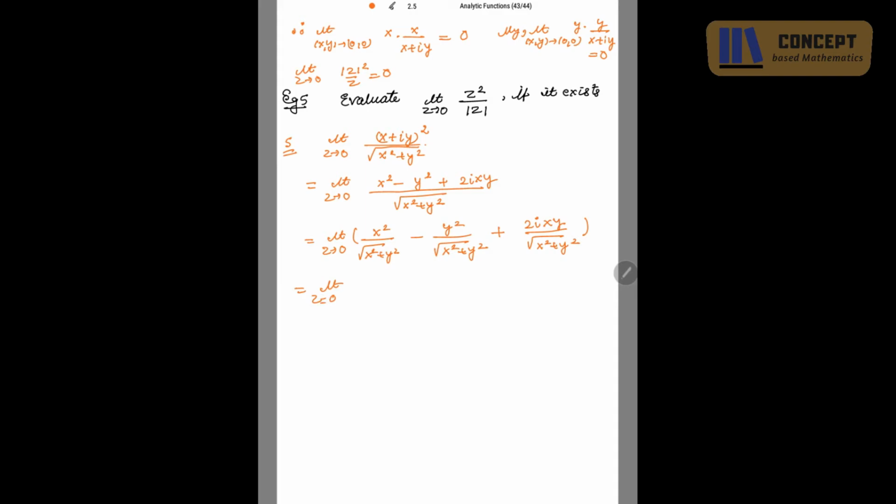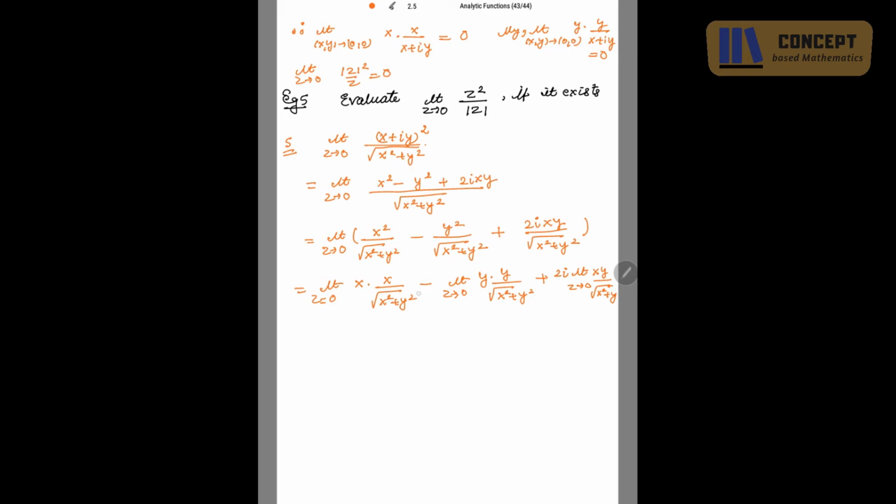Just as we did in the previous question, x square can be written as x into x over root of x square plus y square, minus the limit as z tends to 0 of y into y over root of x square plus y square, plus 2 iota taken outside, the limit as z tends to 0 of xy over root of x square plus y square.